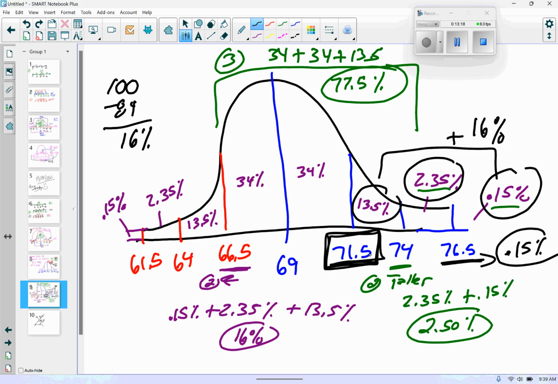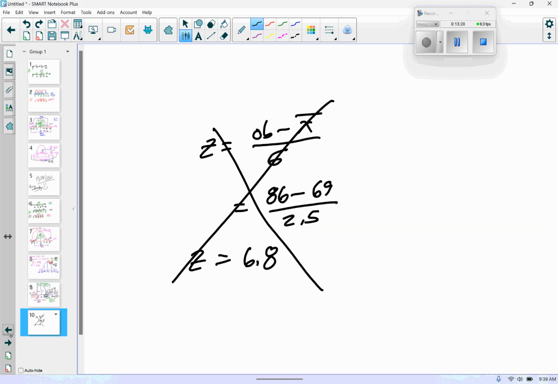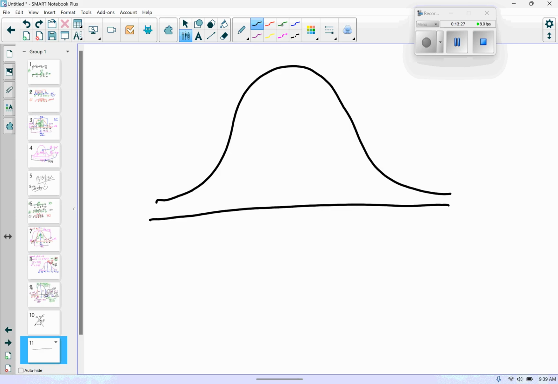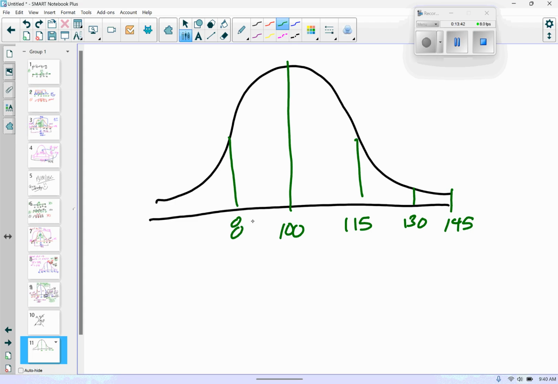So for this particular problem, if we were to create our normal distribution for IQs, this is 100, 115, 130, 145, 85, 70, 55. And then I need to fill out my stuff.